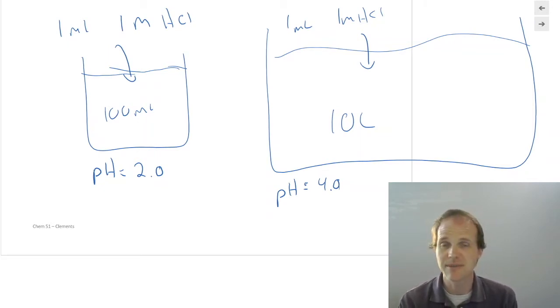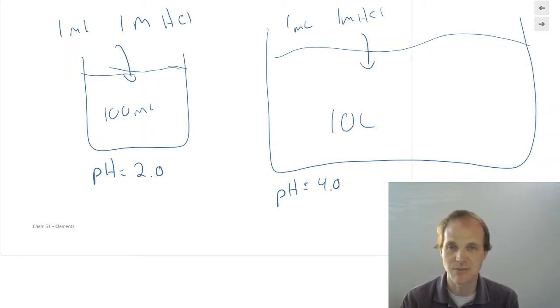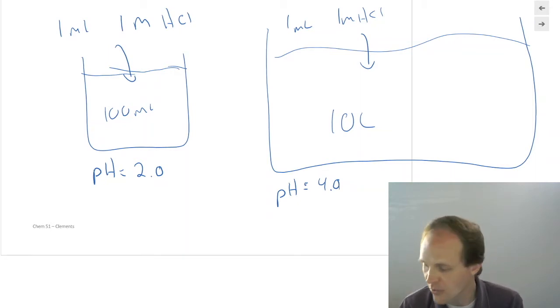As we do some of these calculations with the buffers, these total amounts are going to matter in a way that it often works better to do some of the stoichiometry in moles. And we'll see when we do it and when we don't, just by example over time.